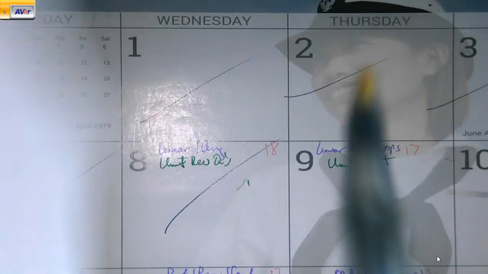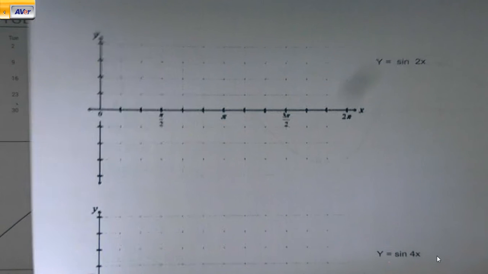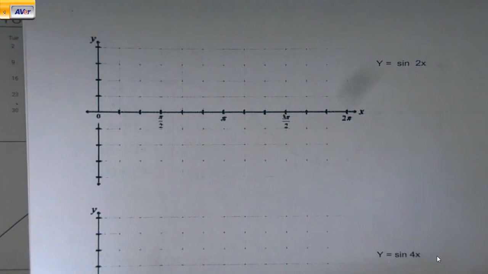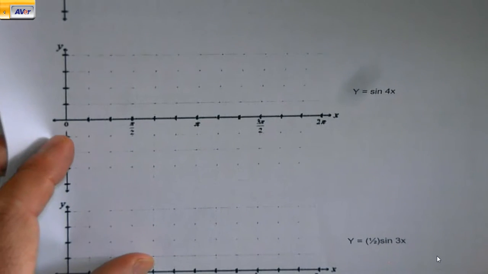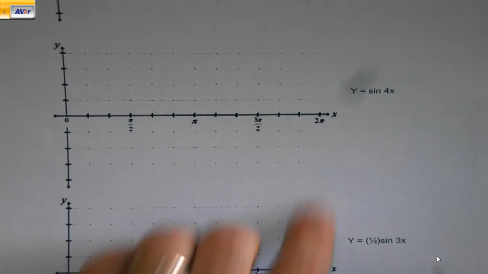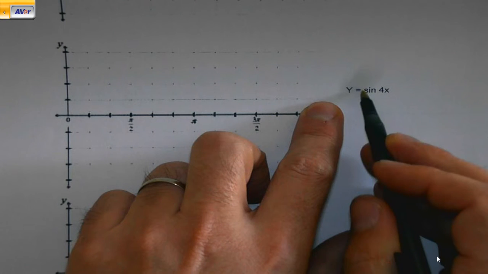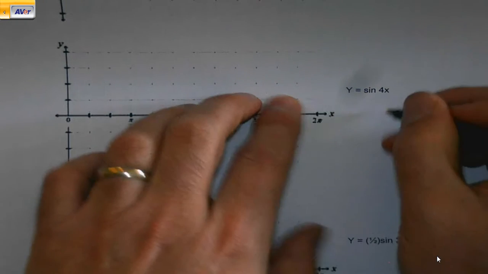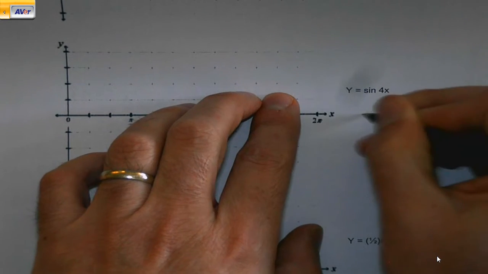So then we get to B. Let's do this one: y equals sine of 4x. I don't see a number in front of my sine, so I don't have an amplitude change this time.